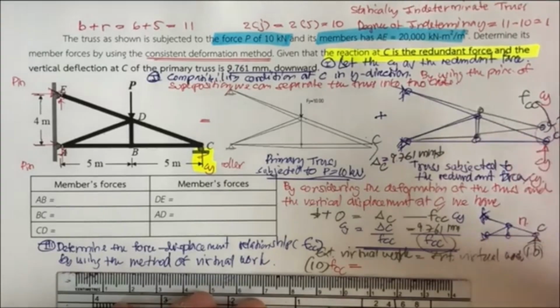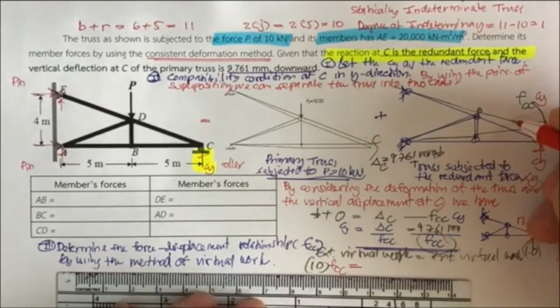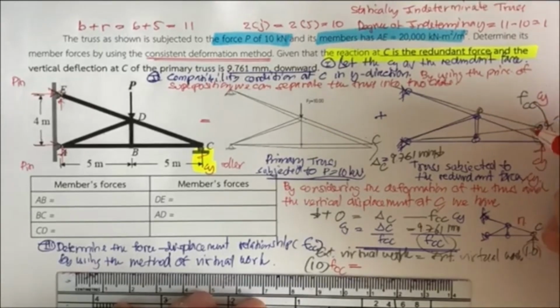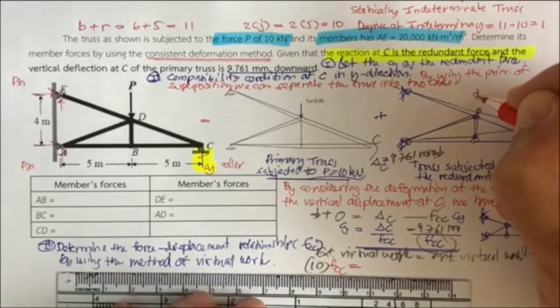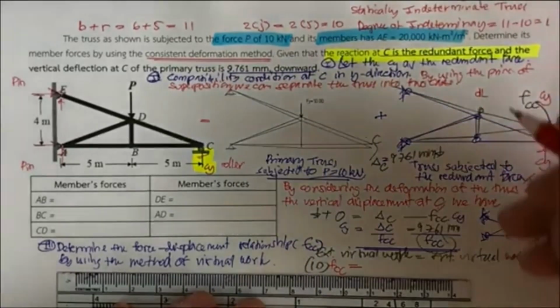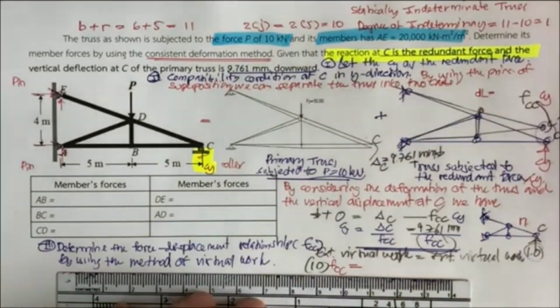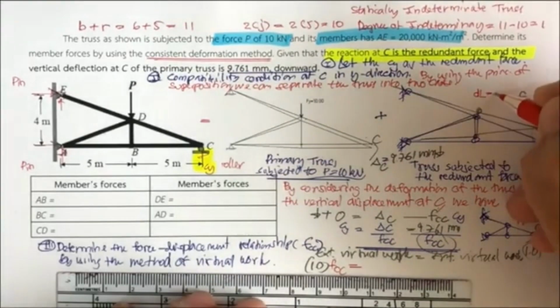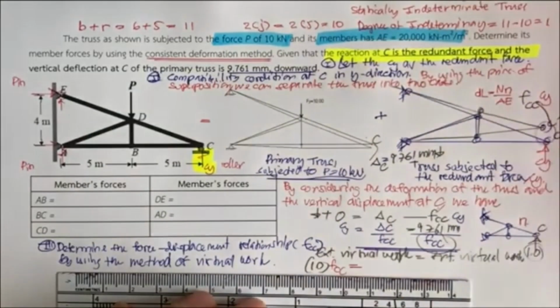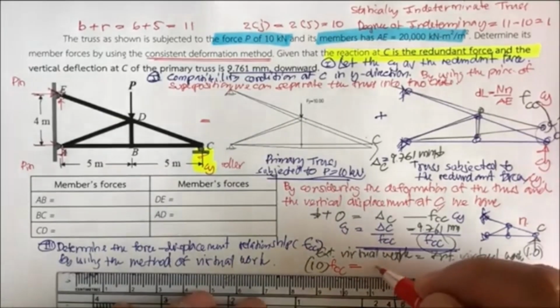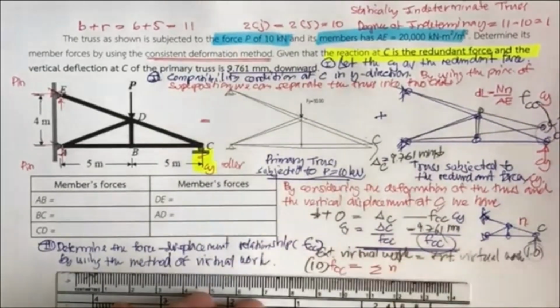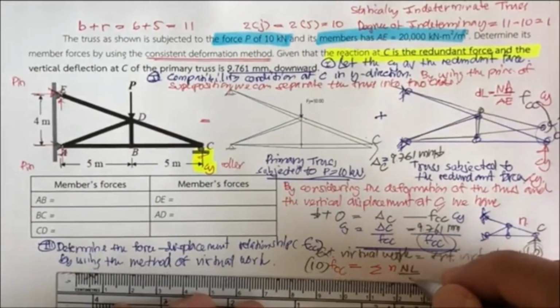The deformation, the elongation or shortening, can be determined from Hooke's law, and it's going to be N over AE. So we have the summation of small n, NL over AE.